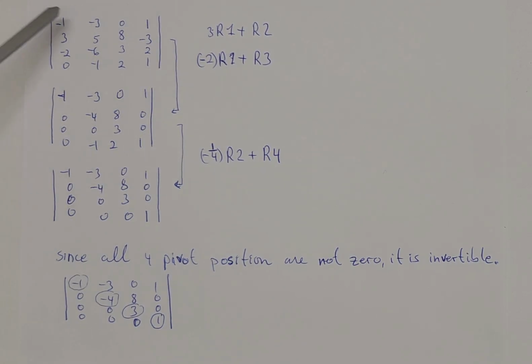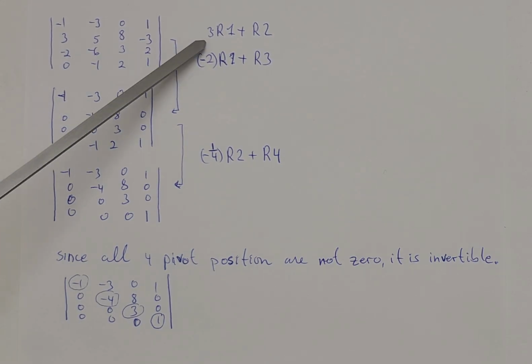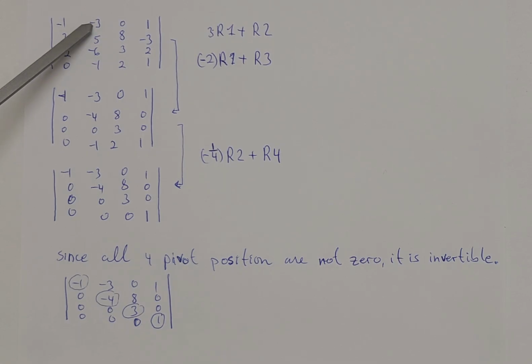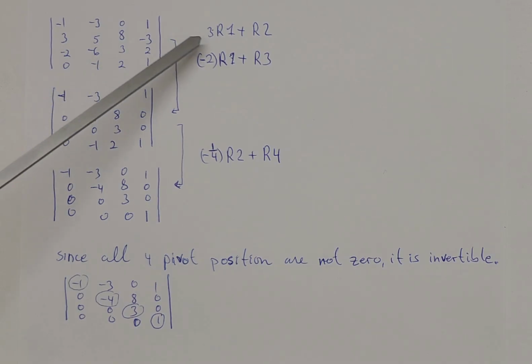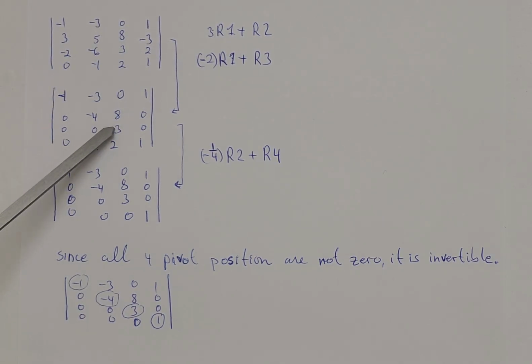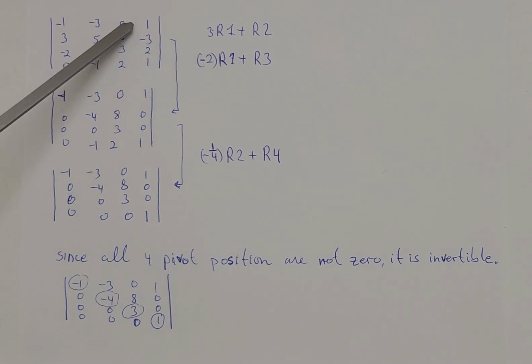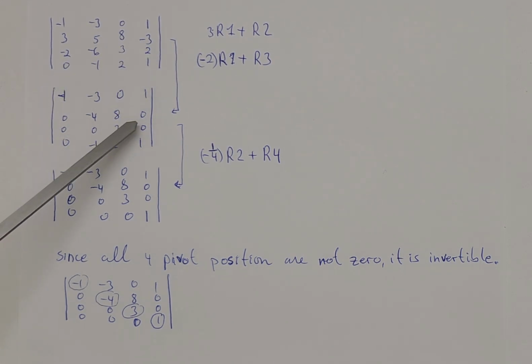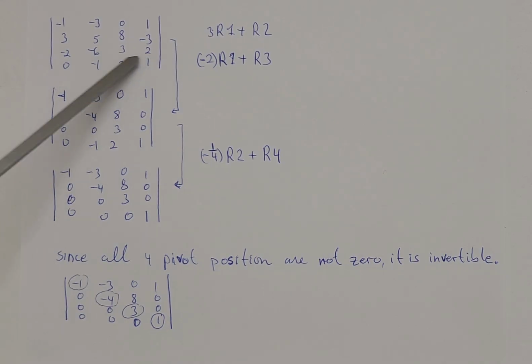So 3 times -1 is -3, plus 3 gives me this 0. 3 times -3 gives me -9, plus 5 gives me -4. 3 times 0 is 0, plus 8 stays as 8. 3 times 1 is 3, subtract 3 gives me this 0. Repeat the same process again for row 3.